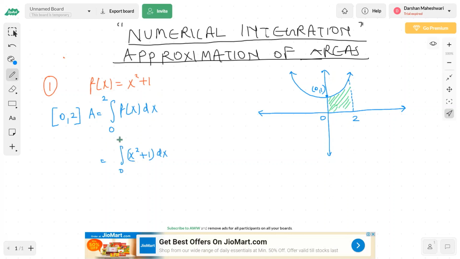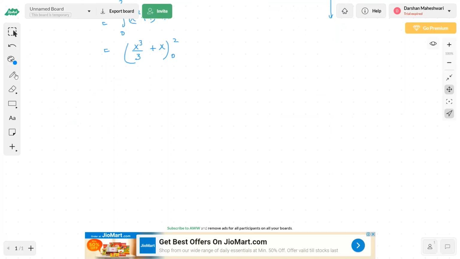Then we integrate between 0 and 2. Integral of x² is x³/3, and integral of 1 is just x. We put the limits from 0 to 2. After putting the limits, this comes out as 14/3, which is approximately 4.67. So this is the exact value of the area.